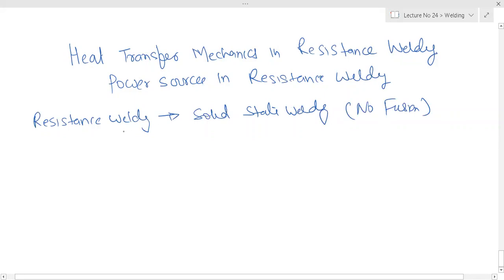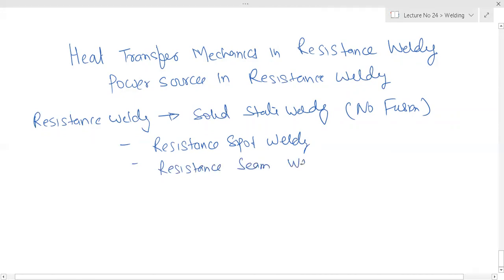Some examples are resistance spot welding, resistance seam welding, resistance projection welding, and flush welding.